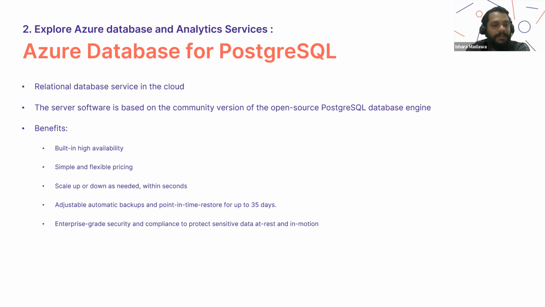In single server, it's built-in high availability with no additional cost, and it's pay as you go, and vertical scale as you need within seconds, and an ability to protect sensitive data at rest and in motion as well. And in the other deployment option, hyperscale, it horizontally scales queries across multiple machines by using sharding.